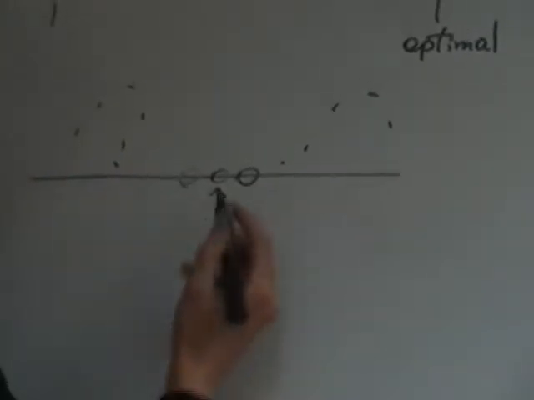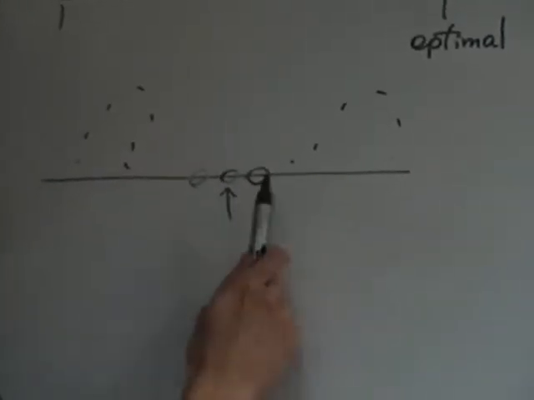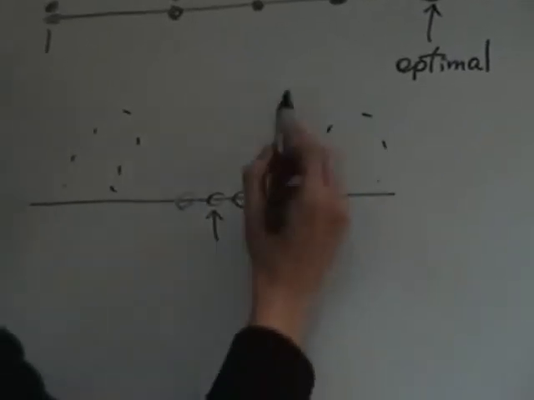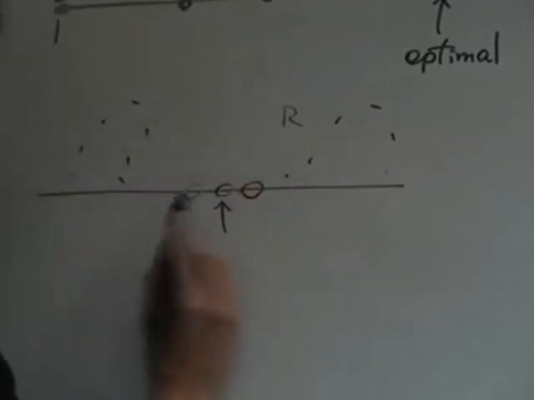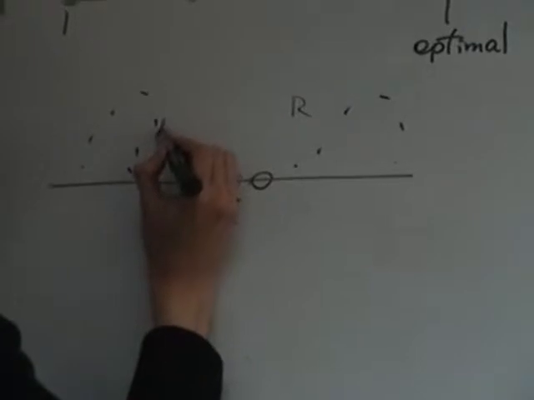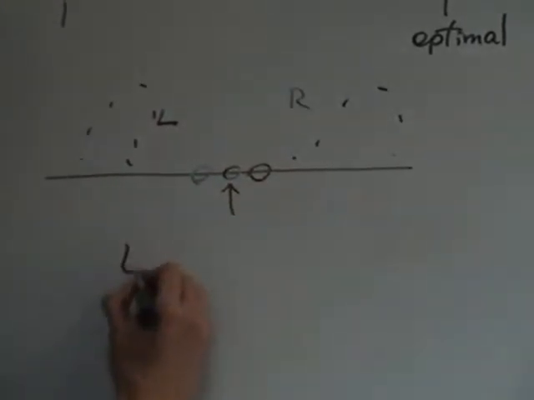You do this because the number of beads that you move to this point to the right of it, R, and the number of beads that you move to this point to the left of it, L, are going to be equal.